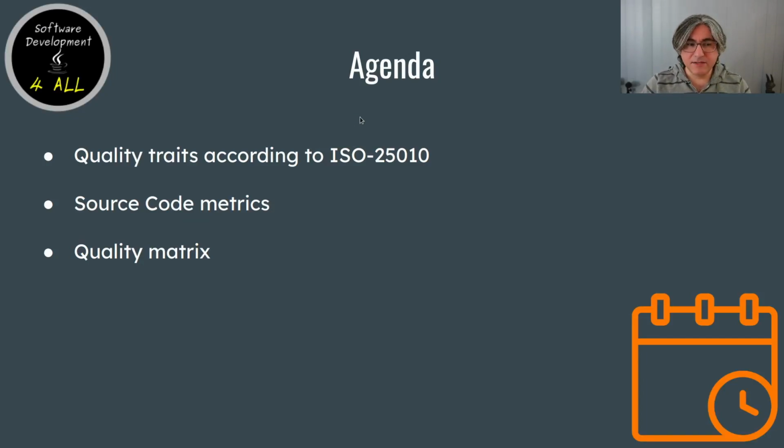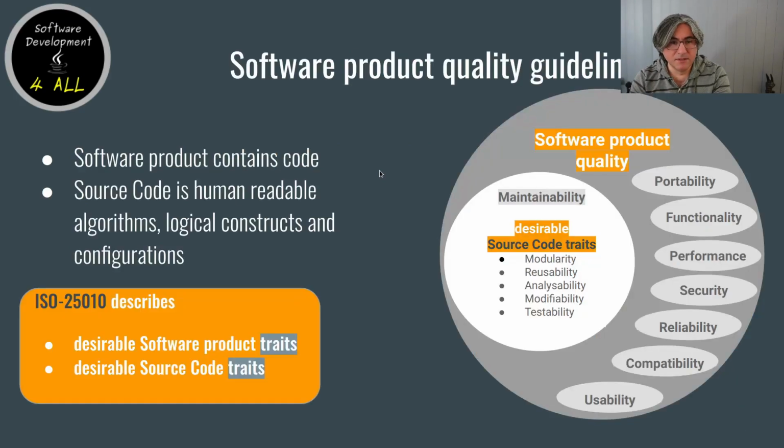The agenda is we're going to go through the code quality traits according to the ISO-25010 standard, and go through some of the related source code metrics, and show you the quality metrics where the ISO 25010 traits correspond with certain metrics that you can use in measuring the quality of your software.